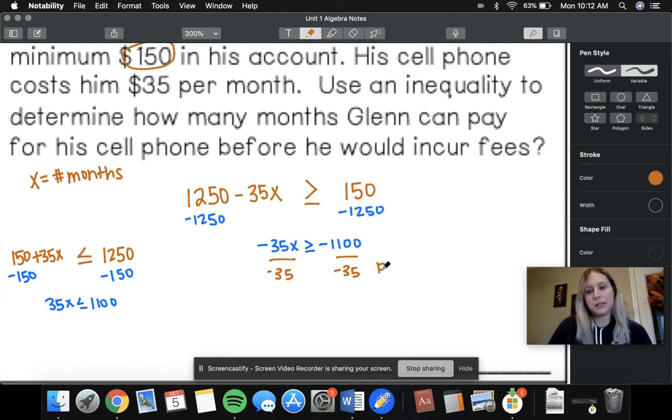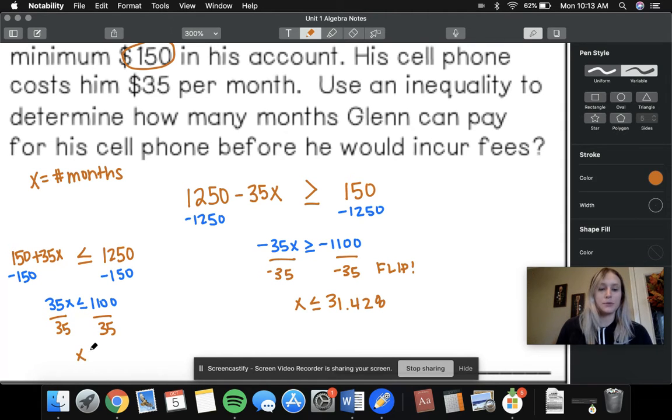And in this problem, because we're dividing by a negative, we would flip the sign. Okay, so we flip it, less than, and we get a decimal, divided by 35, and we get 31.428, blah, blah, blah. Okay, if we did it the other way, we would divide by 35 as well. We wouldn't flip because we divided by a positive number, but we still get the same exact answer.